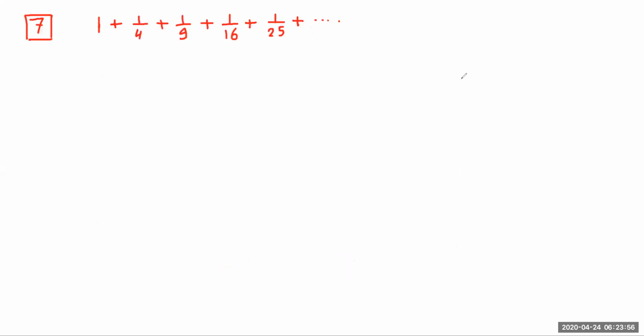Next exercise. 1 plus 1 over 4 plus 1 over 9 plus 1 over 16. So this is 2 power 2, 3 power 2, 4 power 2, 5 power 2. So this is sigma 1 over n power 2 from 1 to infinity.